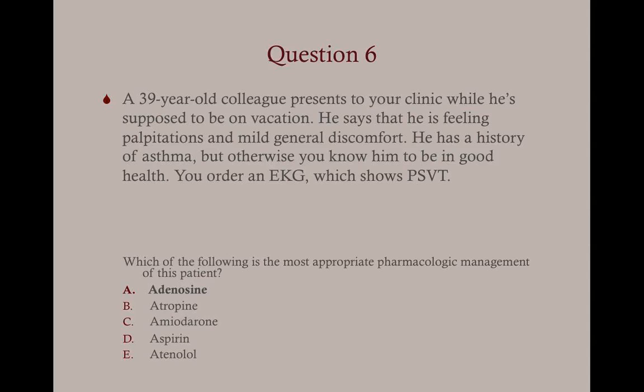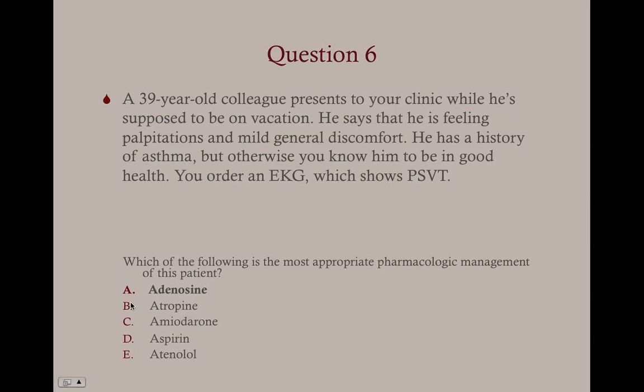The reason it's your first choice is because it takes a little bit of time to get the adenosine from wherever you're having it stored in your hospital over into the patient's room. So in the meantime, you can try vagal maneuvers like carotid massage. That's totally fine. But as far as pharmacologic management, you're going to always use adenosine.